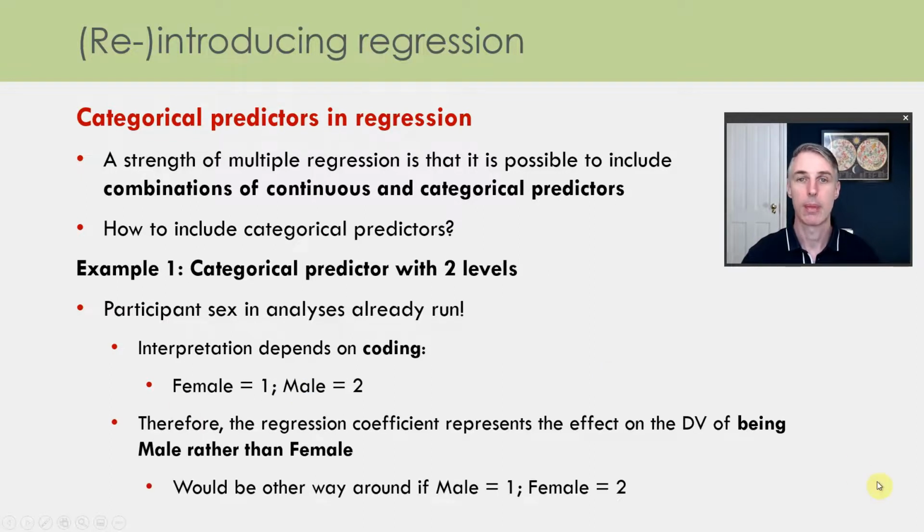So it's the effect of being in this category rather than the other category, and that coefficient would have the same number but the opposite sign, so it would be a minus number, if we had coded it the other way around. If male had been 1 and female had been 2, it would then indicate the effect of being female rather than male.